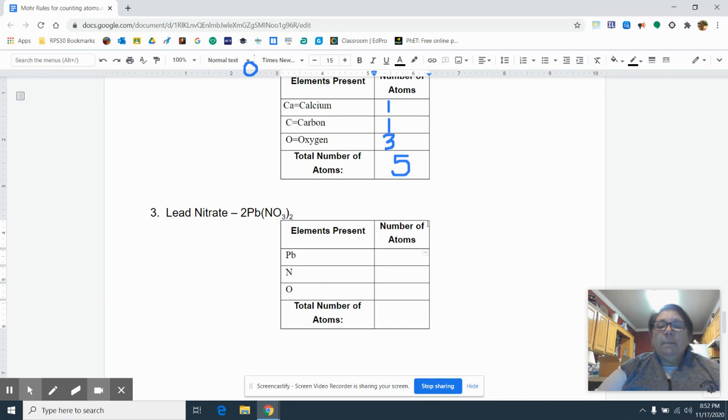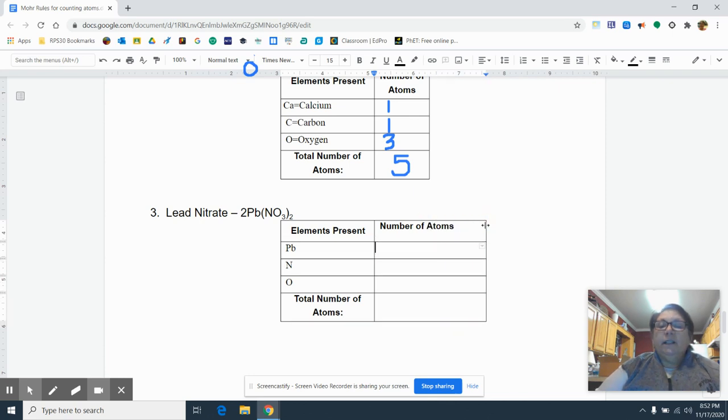Okay. Here we go. This is going to be a little more difficult because you've got a lot of stuff. Okay, we've got this coefficient in front of the Pb. That means that you're going to multiply the 2 by the number of lead elements already there. So how many are there? You have 1. Understood? 1.